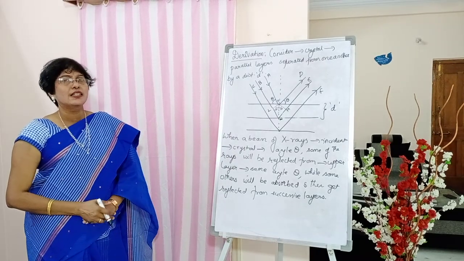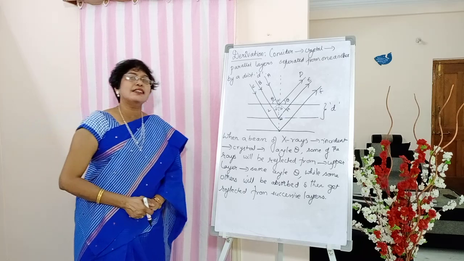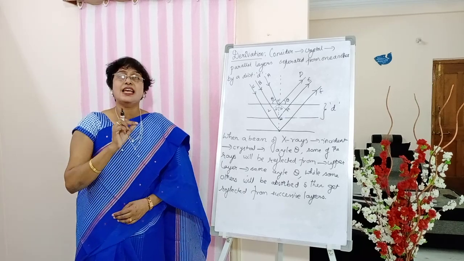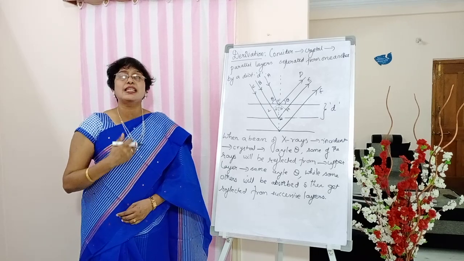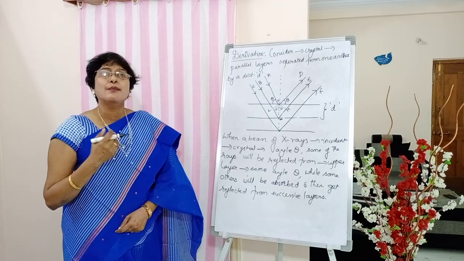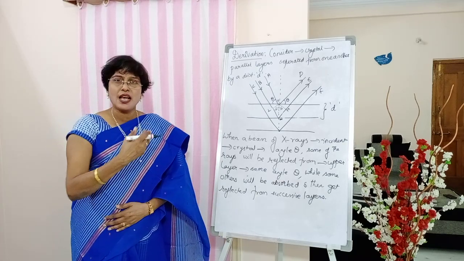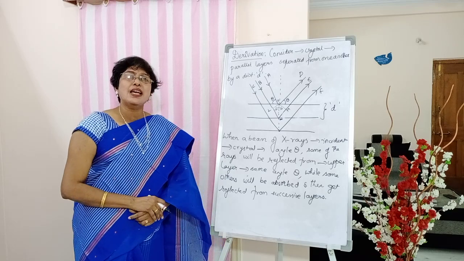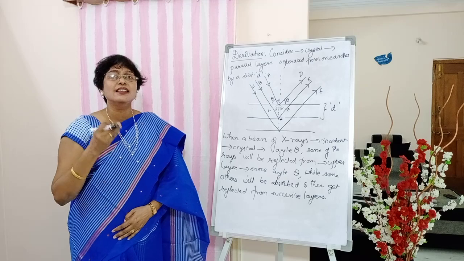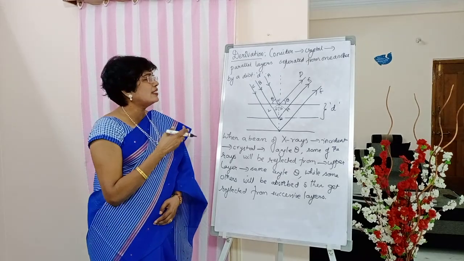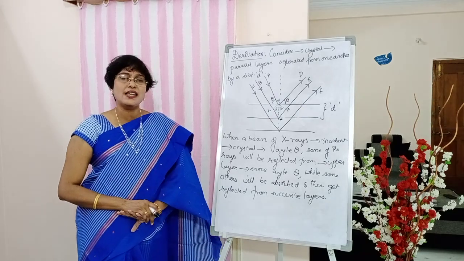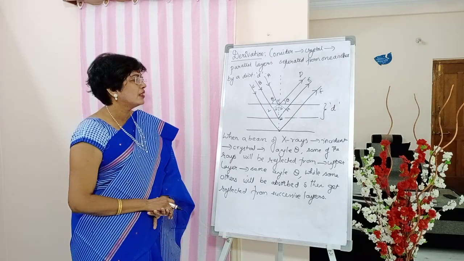Completed. So first, what did we do? Let us consider a crystal in which the atoms are arranged in parallel or successive layers, and these layers are separated from one another by a distance d. Now on such a crystal, X-rays are incident at an angle theta. What happens?